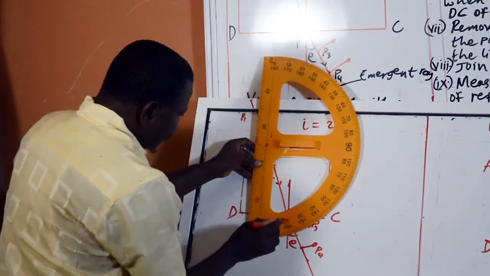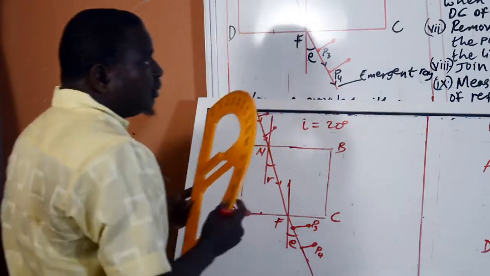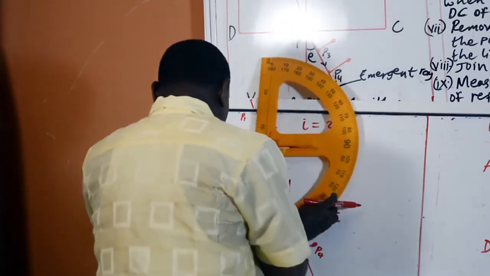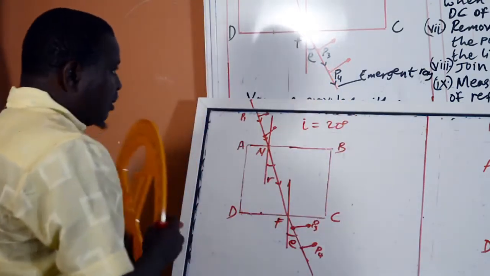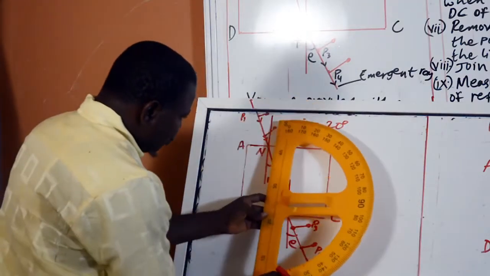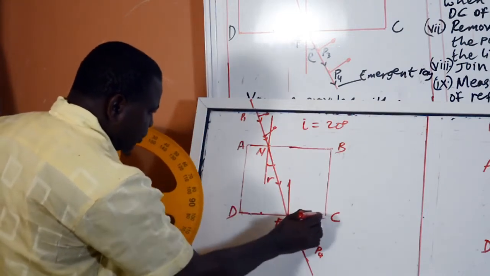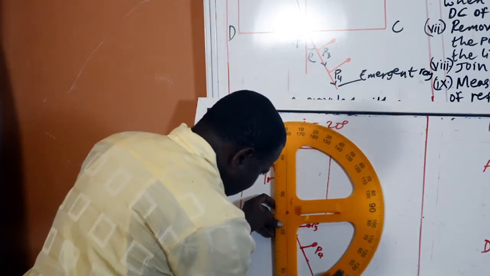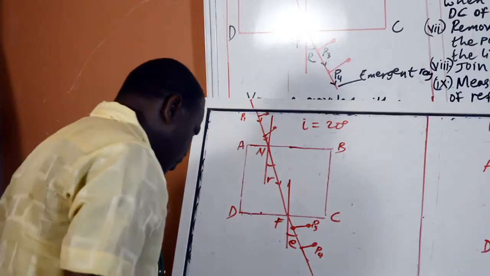This is 0, 10, 18, this is 13. Now, to measure the angle of emergence, you do the same thing. This 0 will be at the point where the normal joins DC. Then you measure it. This one is 20 degrees.